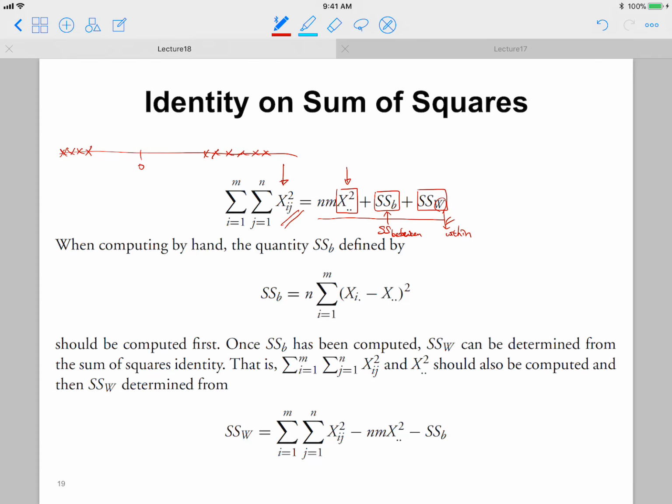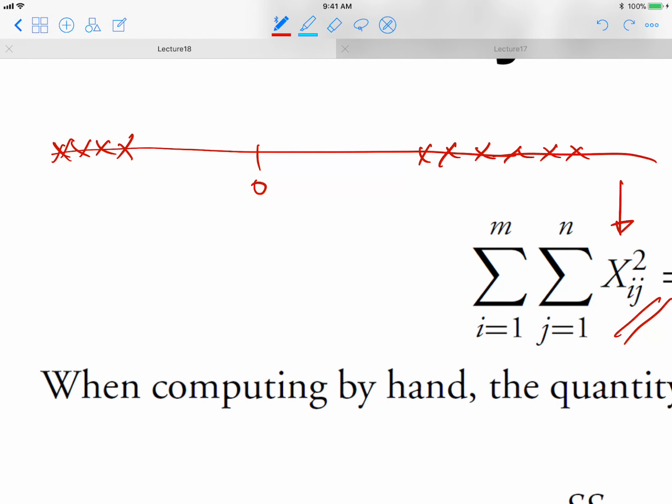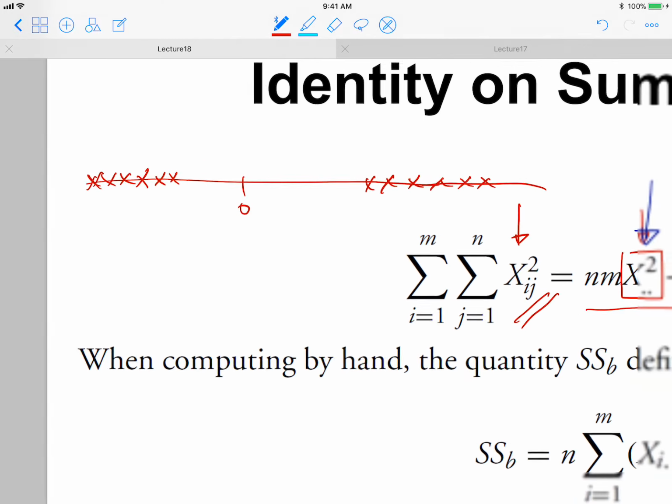And then what is their global average, or global sample mean? Let me just say we have 6 samples here, and here we also have 6 samples, okay?